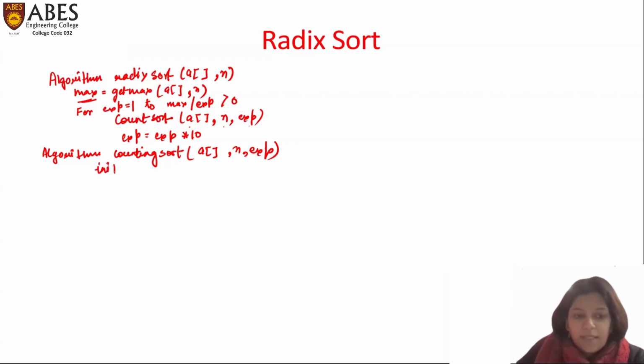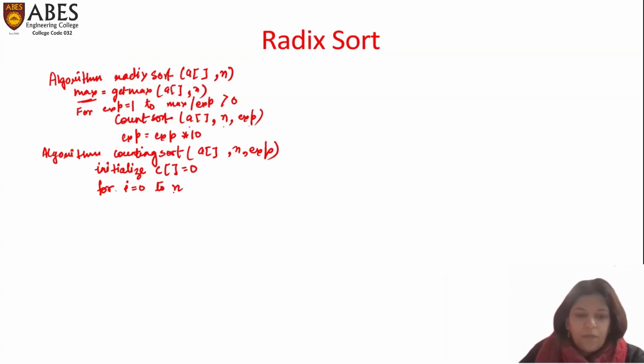The first and the foremost thing, as it was done earlier in the previous video, we have to initialize the C to 0 such that we can increment this counting array whenever we are going to get a number having the digit equivalent to the index, if you remember it, right? So let us just do this. Then we have to start this loop from I is equals to 0 to I is equals to n.